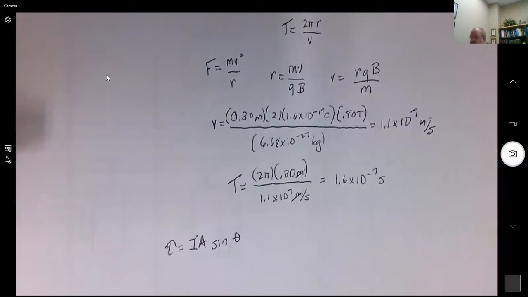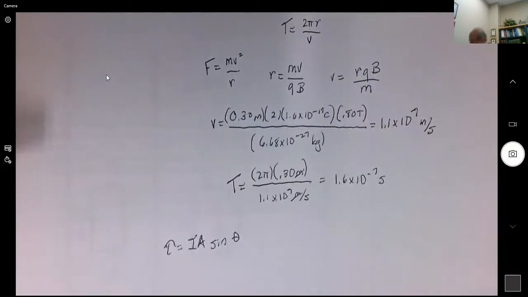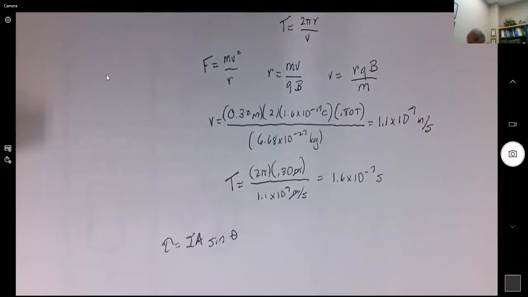Alpha, or sine theta, where theta is the direction in which it is askew from being perpendicular to the magnetic field.